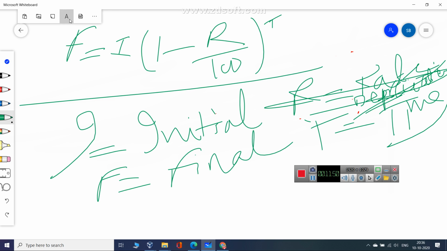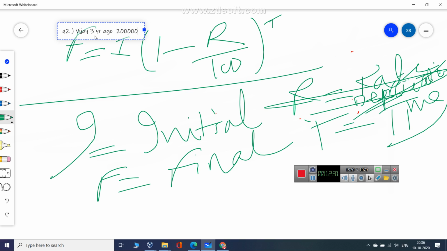Question number 2: Vijay purchased a Maruti car 3 years ago for 200,000, that is 2 lakh.